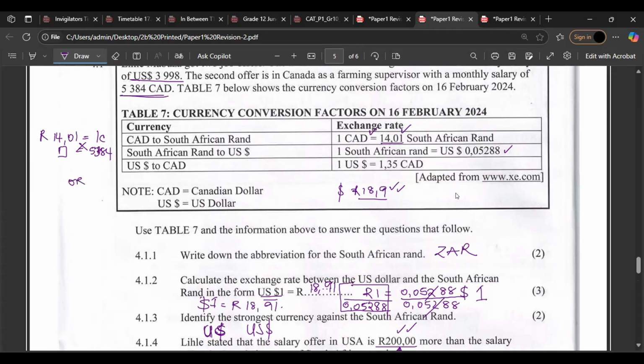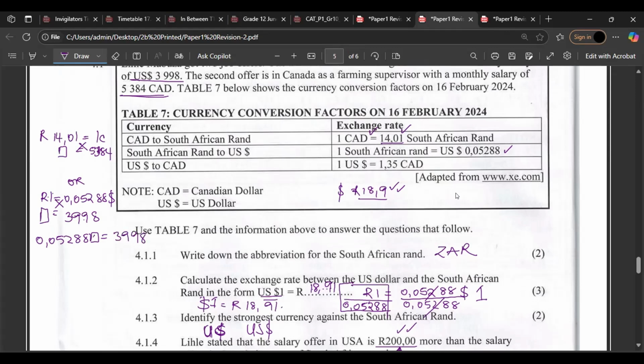And the US already told you here, if you only have 1 Rand, you have 0.0528 dollars. For you have dollars. That means the dollars are going to come this side. So if you cross multiply, it will end up becoming this one here multiplying with this.